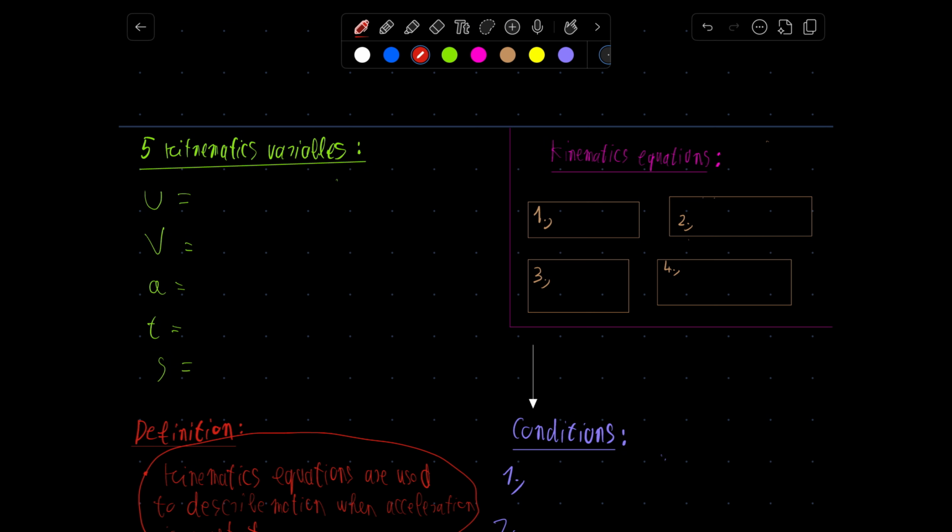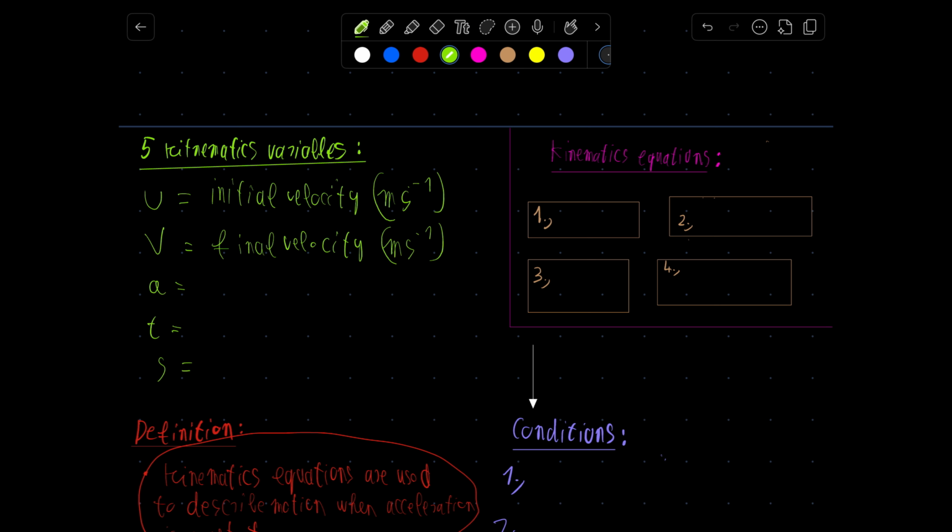In kinematics, we use 5 main variables and each has its own unit. So we have u, which is initial velocity, measured in meters per second. We have final velocity, which is v, measured in meters per second as well.